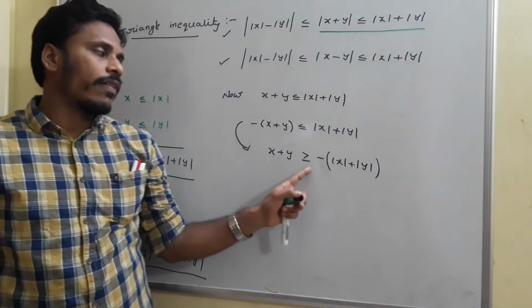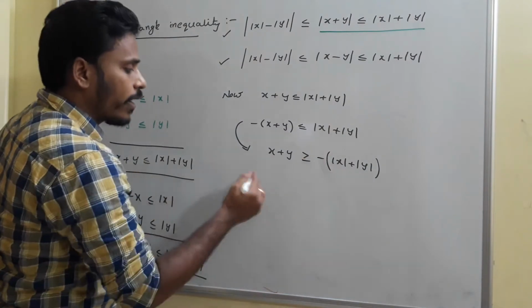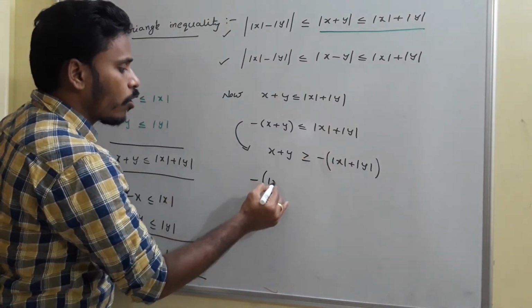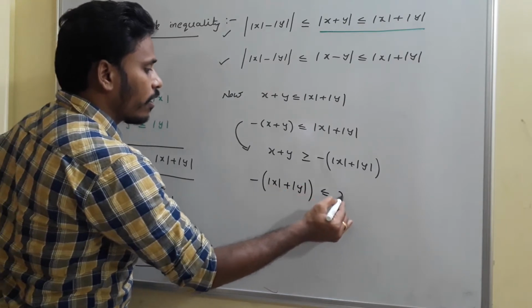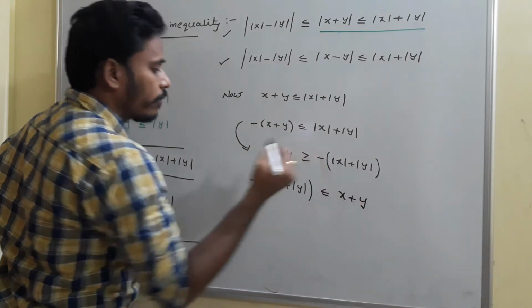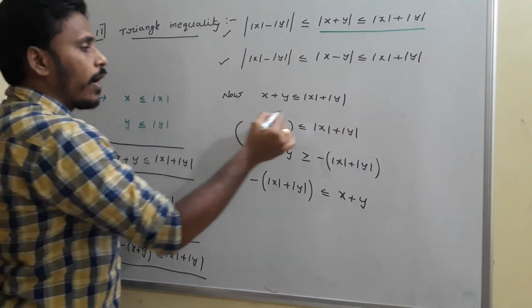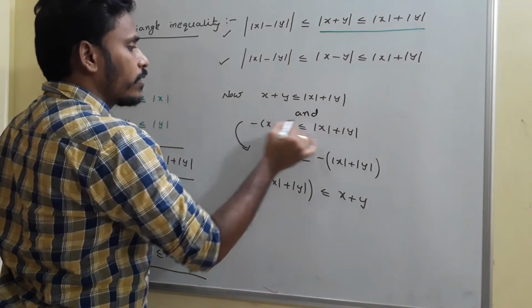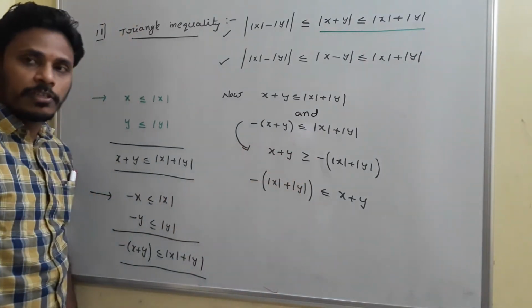So this is greater than or equal to minus of (mod x plus mod y), and if you write it in this manner, minus of (mod x plus mod y) is less than or equal to x plus y. This is the first relation and this is the second relation, and I am just rearranging the second relation in such a manner.